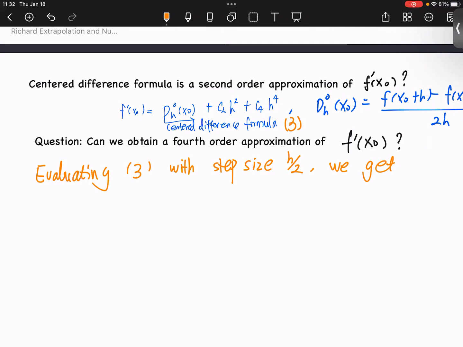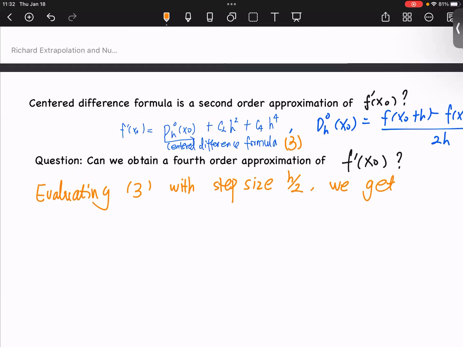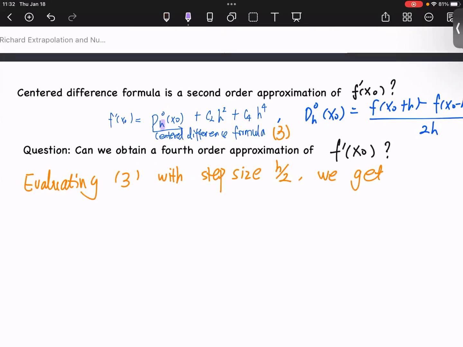I am just replacing all the h here with 1/2 h, so that I have f'(x0). And this is the central difference formula with the step size 1/2 h.